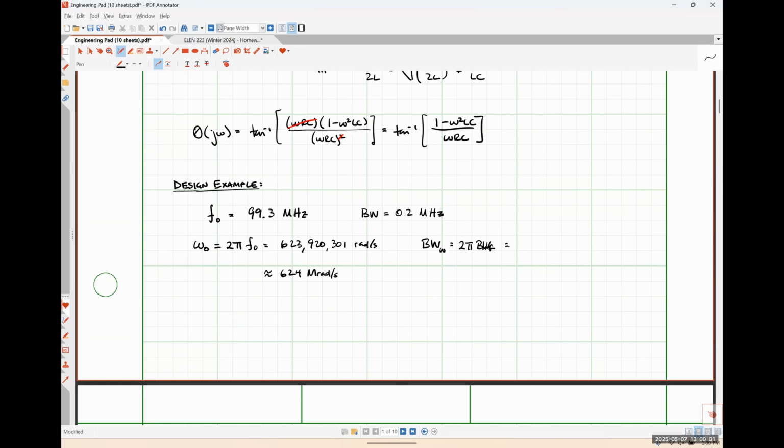So 2 pi times 0.2 times 10 to the 6th comes out to be 1,256,637.061 radians per second, or 1.257 megaradians per second.